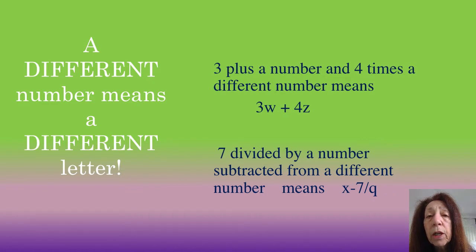We also remember that you can use any letter or letters you want. But if you're talking about a different number, they must be different letters. 7 divided by a number subtracted from a different number means 7 over Q minus X. You might need to review this again just to make sure it makes sense.